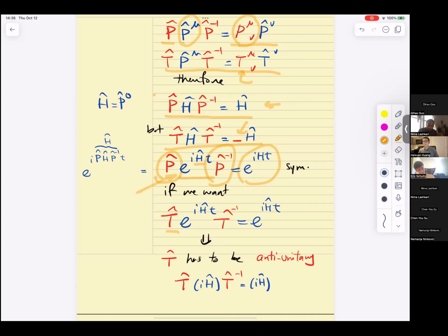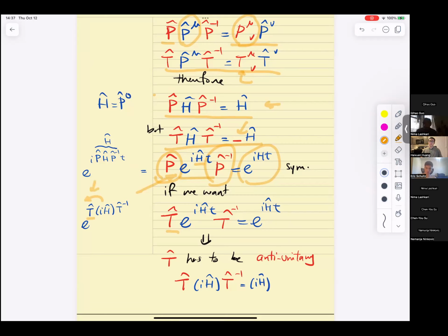Now, for T, you end up with a similar thing. You end up with e to the power of t i H t minus 1 t. But if you pick T to be unitary, this i comes out, and you're not going to get an invariance. This is the origin of Wigner's theorem, where he says anti-unitary is also a possibility.